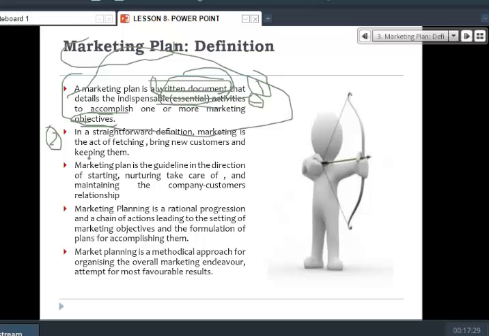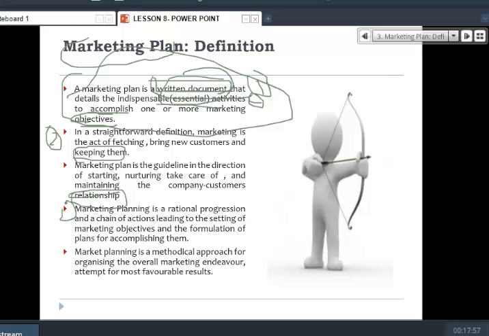What is it? Keep the customer. Keep the relationship. This is actually very important. It's an essential element when you want to set a marketing plan. You need to think about how to keep a good relationship with your customer.